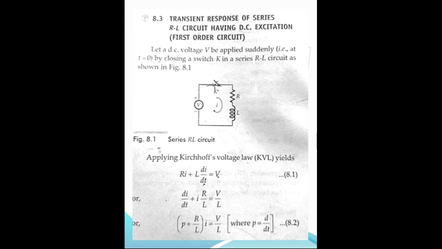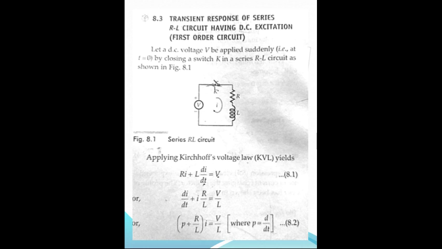Since in the given circuit there is a resistance R and inductor L connected in series with a DC source, the circuit equation is a first order differential equation. Let a DC voltage V be applied suddenly at t = 0 by closing a switch K in a series RL circuit as shown in the figure.